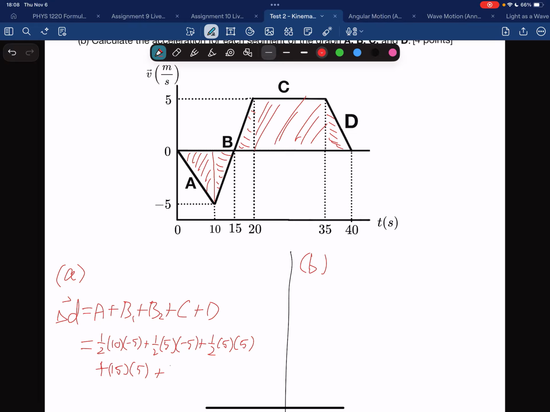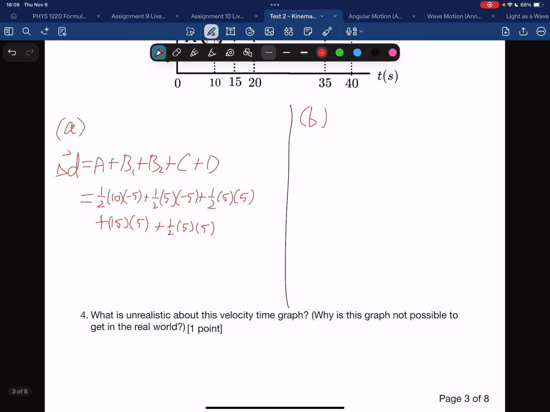And lastly, adding on the last triangle here for D, base is 5, and the height is 5. Adding these all together, I get -25. Both halves of B actually perfectly cancel out.